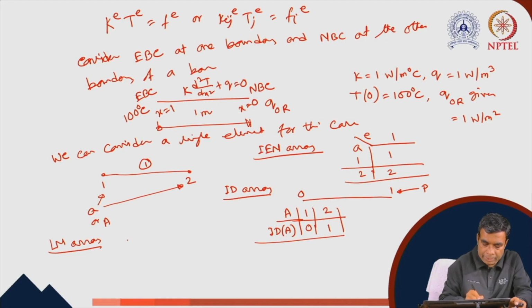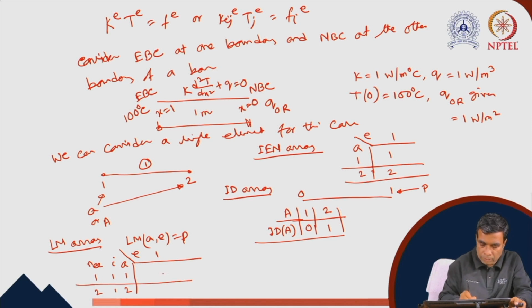So LM array gives us LM(a,e) equals to P. So from here we get, E is 1, A 1, 2, ID 1, 1. Element level equations 1, 2. So for the first node, local or global, equation number is 0. For the second node, the equation number is 1.